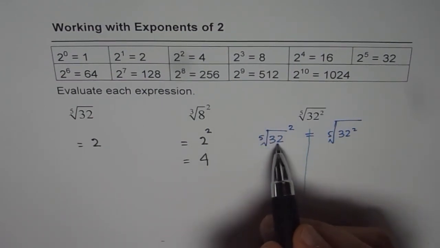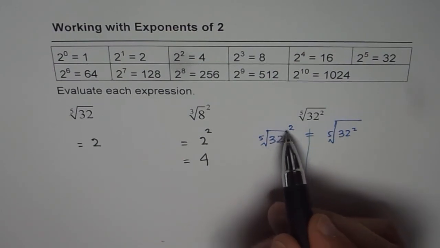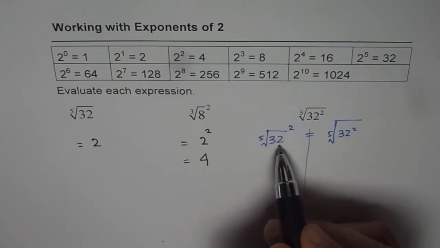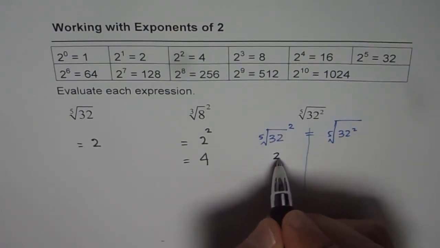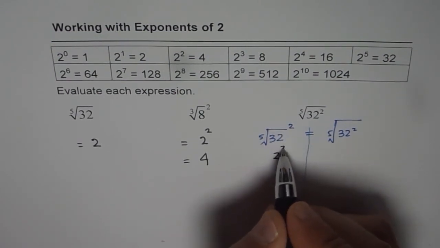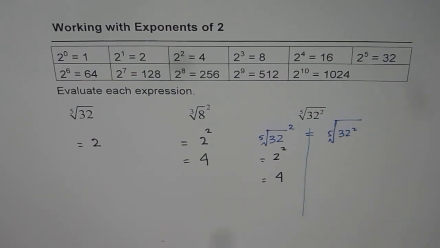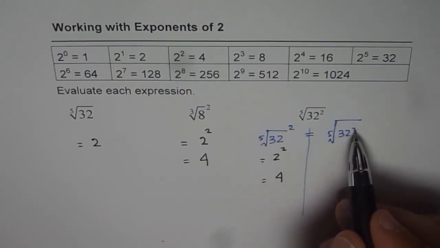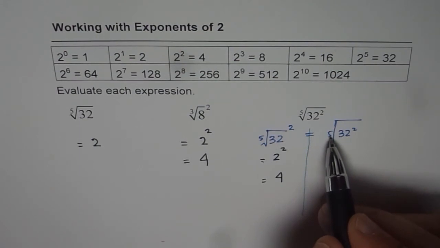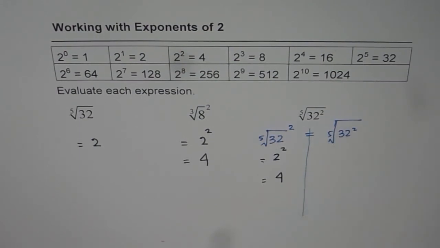The fifth root of 32, you know, is 2 because 2 to the power of 5 is 32. So we get 2 and then square. 2 squared is 4, right? So we get this as 4. That is our answer. Now, if we want to square it and then do the fifth root, we need a calculator, right?